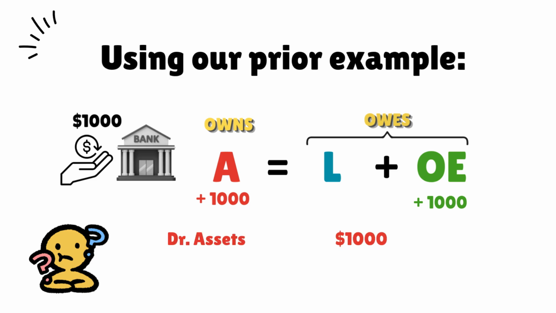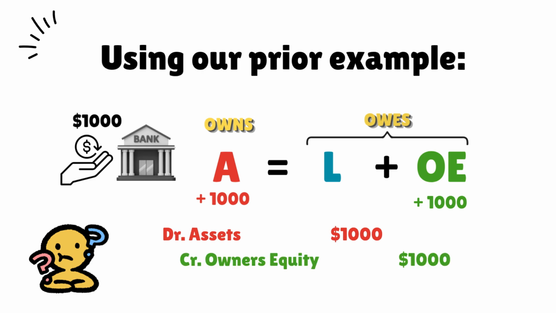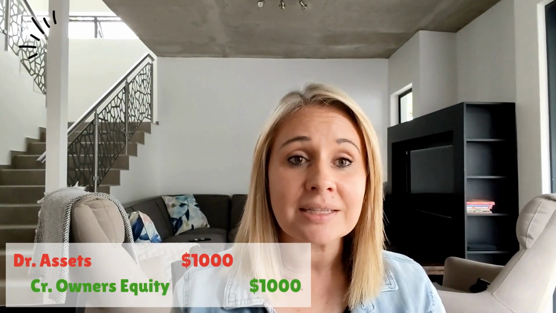We therefore debit the bank account with $1,000. Owner's equity, sitting on the opposite side of the accounting equation, increases on the credit side. Because of this transaction, the entity owes more money back to the owner. Therefore, the owner's equity should increase on the credit side. And there we have our double entry, a debit to the bank balance and a credit to the owner's equity.